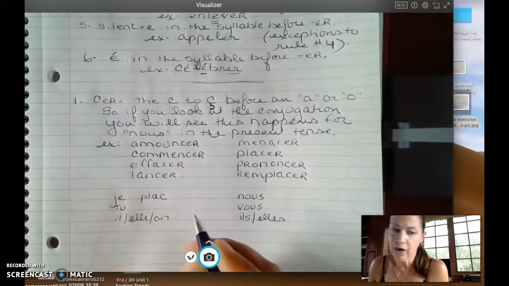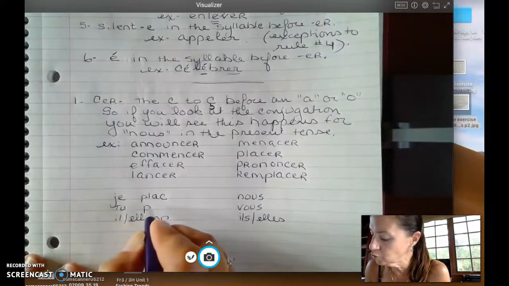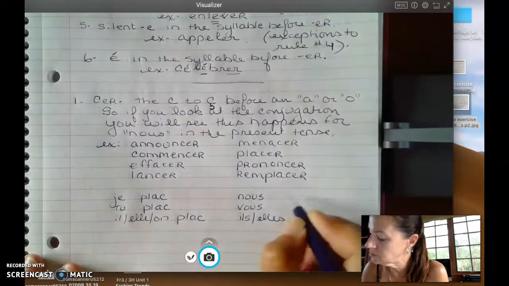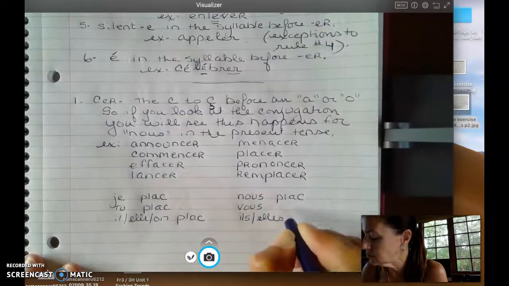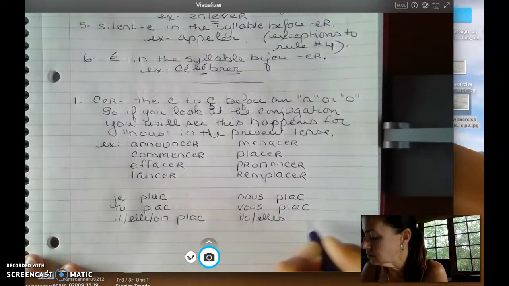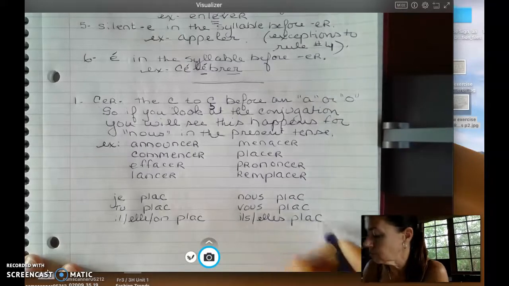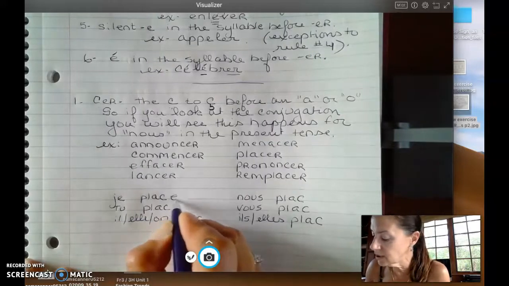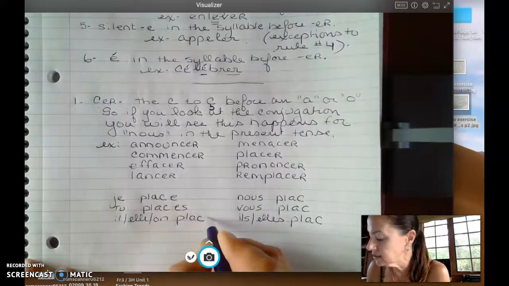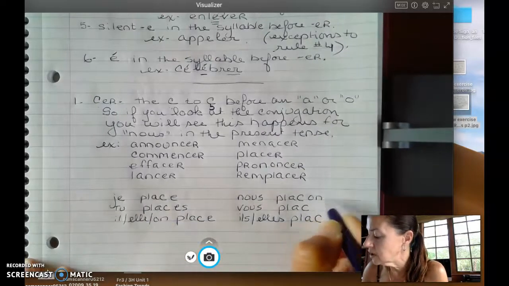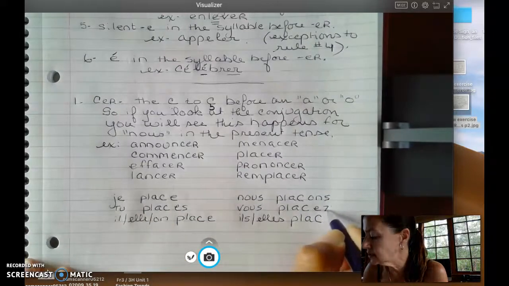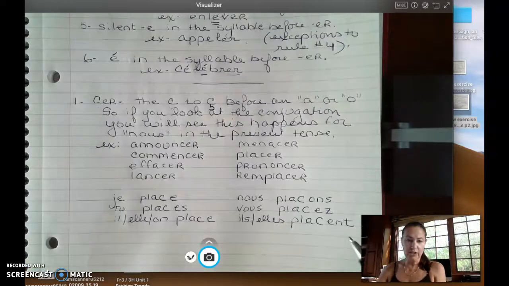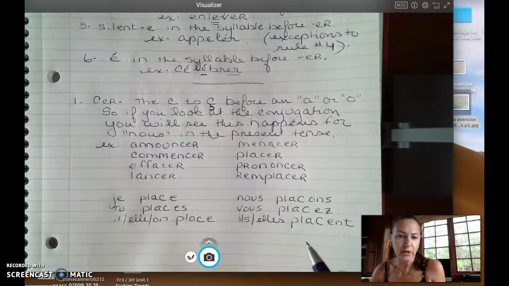So again, it's an ER verb, so you can go up to the end of your root. And your ending for the ER verbs is going to be E, ES, E, ONS, EZ, ENT. So far, nothing has changed. This looks exactly like a regular ER verb.